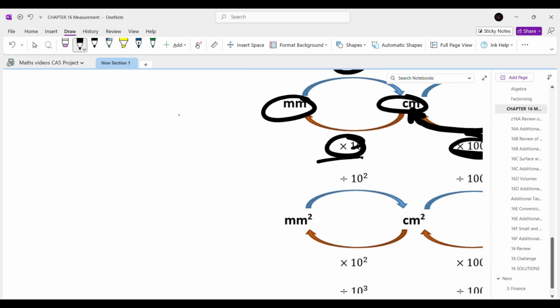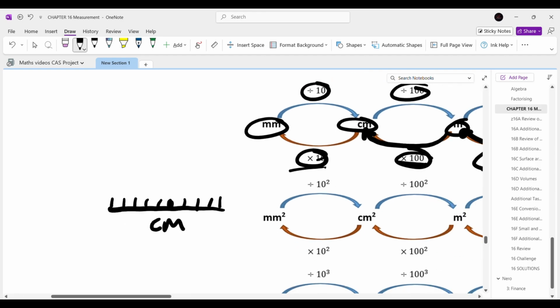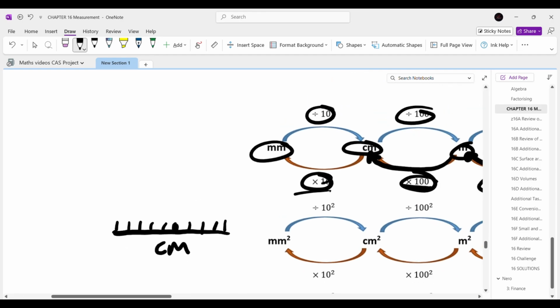Because, for example, let's say we have 10 millimeters in a centimeter, so 1, 2, 3, 4, 5, 6, 7, 8, 9, 10. This isn't the best representation, but these are your millimeter values right here. This is 1 centimeter. So if we have 1 square centimeter, it would just be this repeated, right?